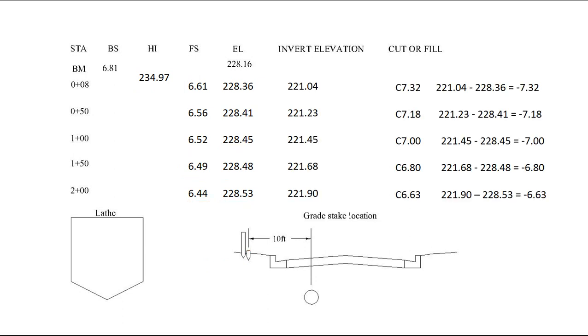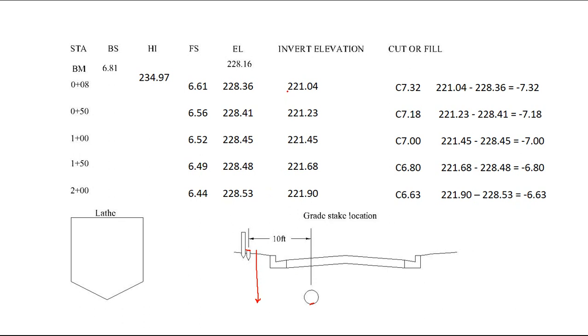Now we've got the elevations of the pipe, those invert elevations, we calculated those. So now what we want to be able to do is to tell the contractor how far down to go from the hub to get to the invert elevation. That way the contractor can use the hub as a reference mark and figure out where to set their pipe.